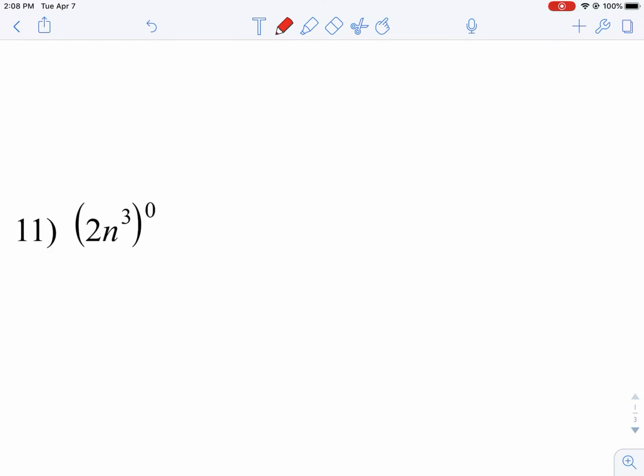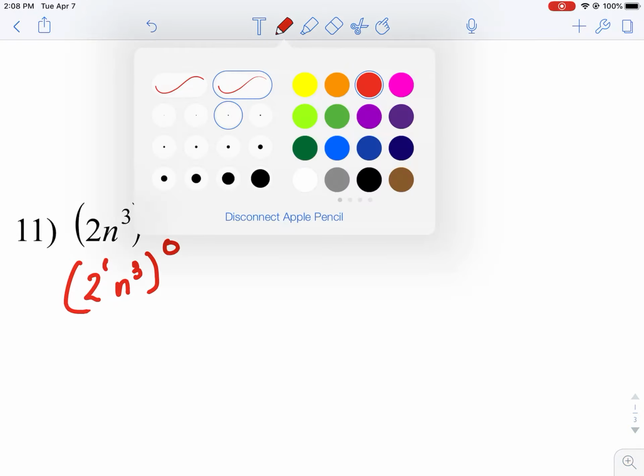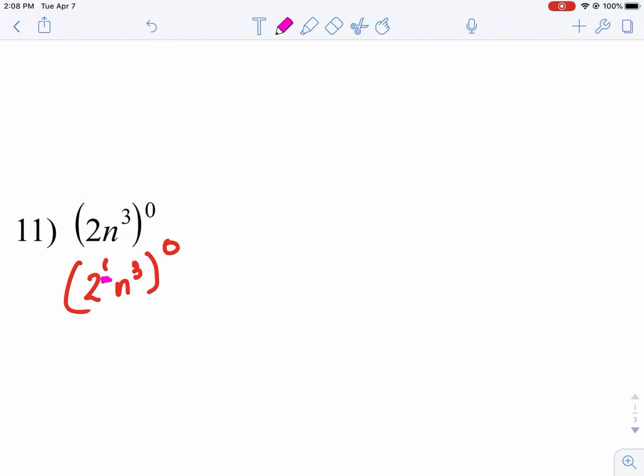But then we have a couple, number 11, number 12, where you're raising exponents to exponents. So here it's really 2 to the first power, n to the third power, raised to the 0 power. Whenever we're raising a power to a power, we distribute it in to the exponent.